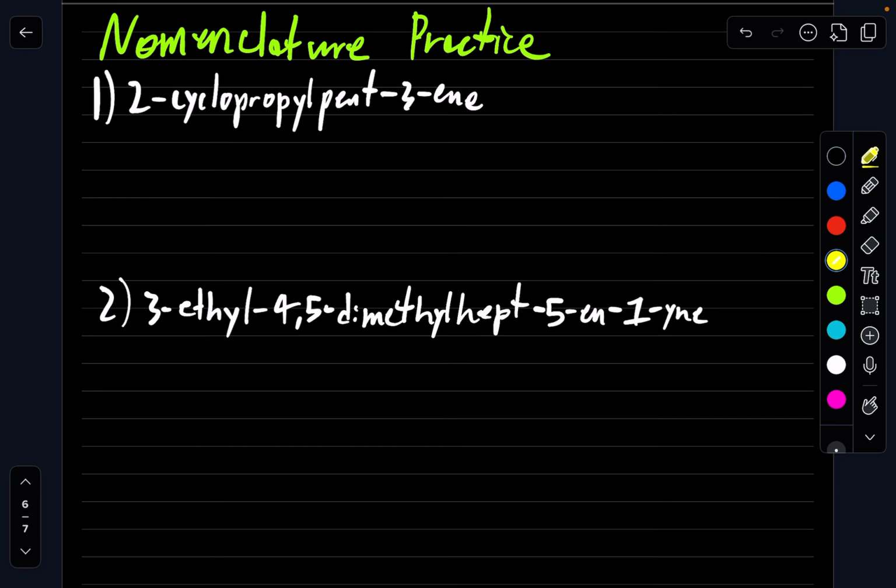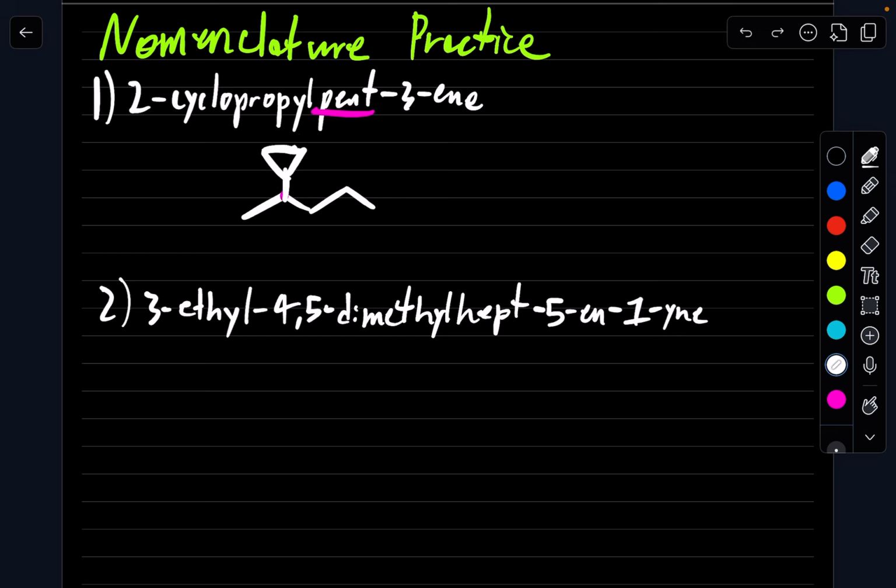Now for some drawing practice. We first just look at the main chain. Draw the main chain first, which is pent in this case. So you can draw a chain with 5 carbons, so 1, 2, 3, 4, 5. On number 2, which will be this one, there's a substituent called cyclopropyl, and that is going to look like this, because we have a cyclopropane right here.